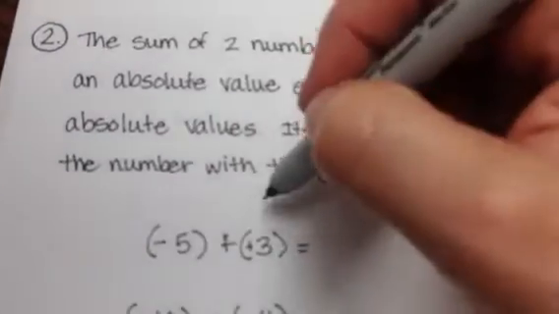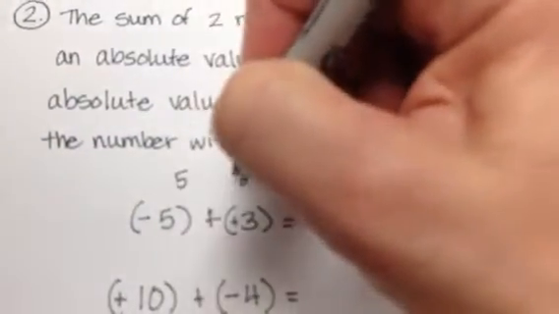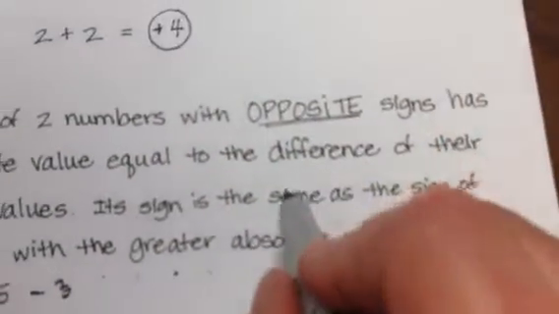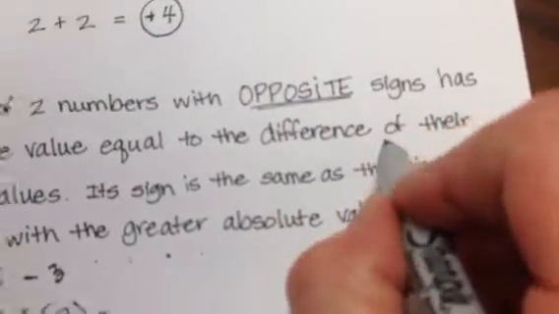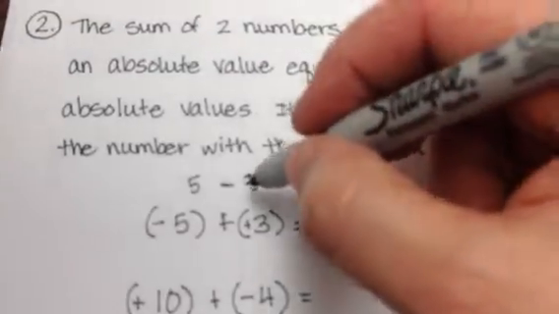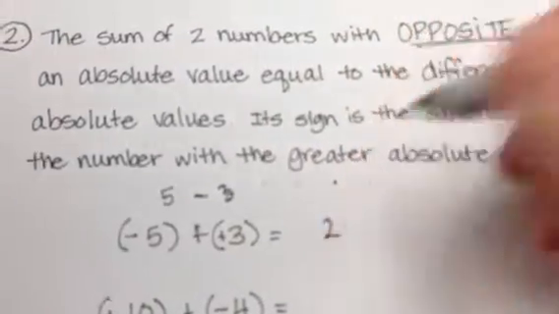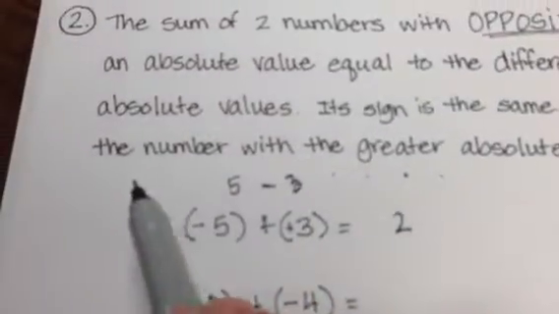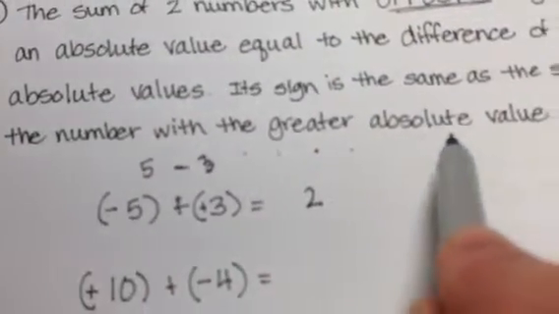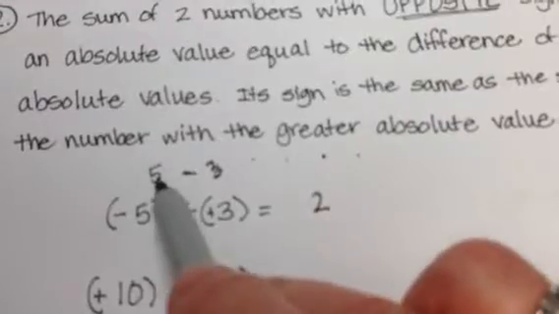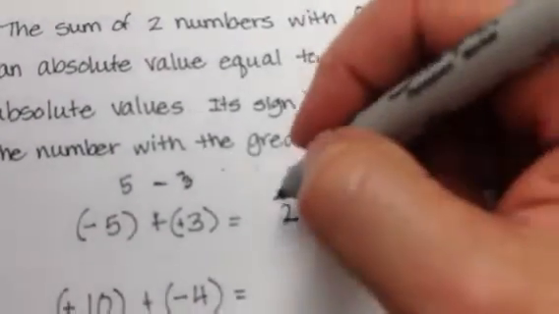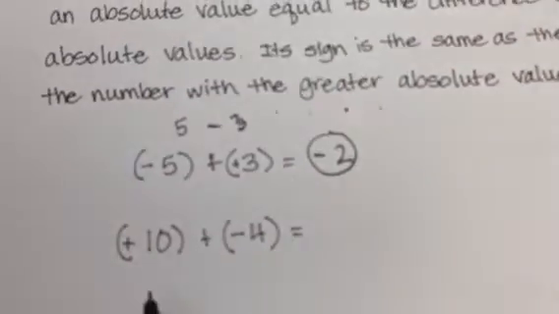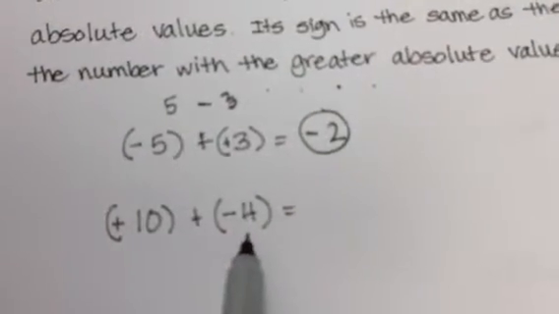And 3. And now I have to think difference of their absolute values. So that would be 2. And what sign? The sign is the same as the sign of the number with the greater absolute value. Well, that would be 5. And what sign did 5 have? Negative. So it's -2.